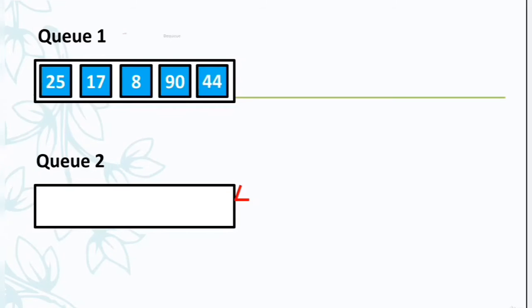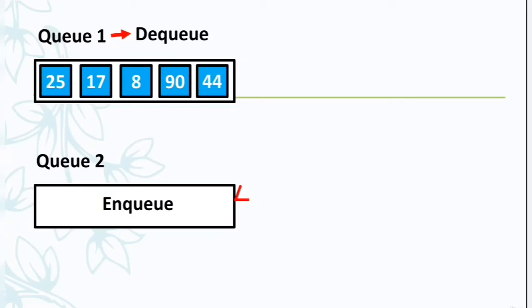What we have to do here is perform the DQ operation on Q1, that is, take out elements from Q1, and perform the NQ operation on Q2. We all know that a queue works on first in first out. As 25 is the first element, it will be dequeued from Q1 and enqueued in Q2.